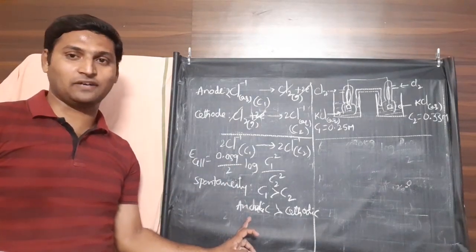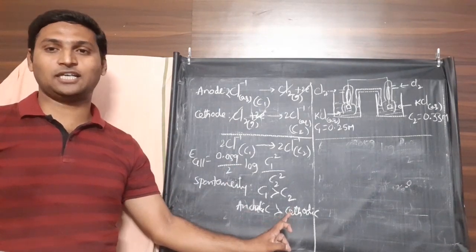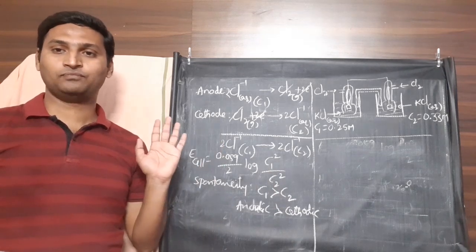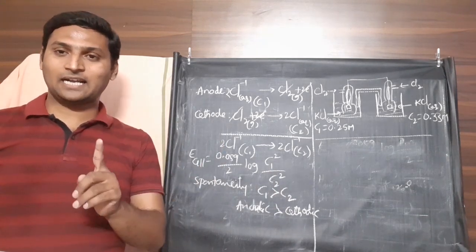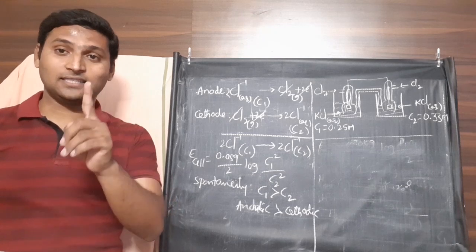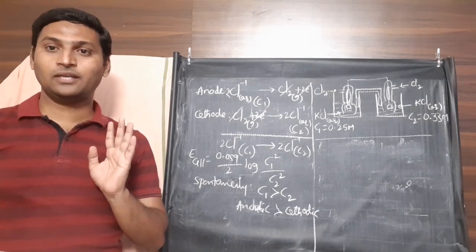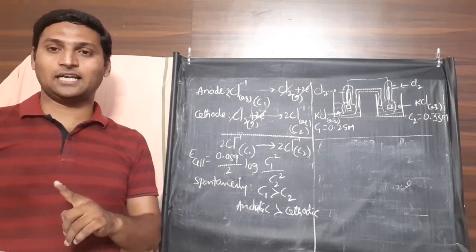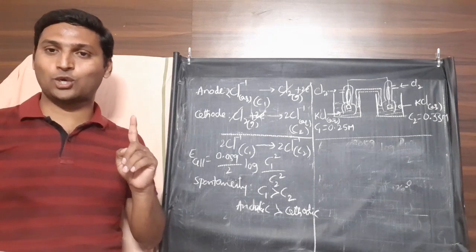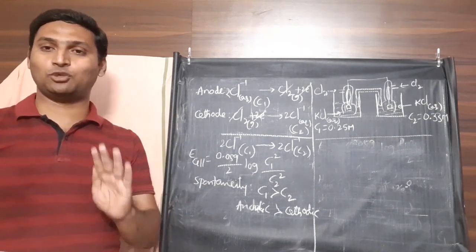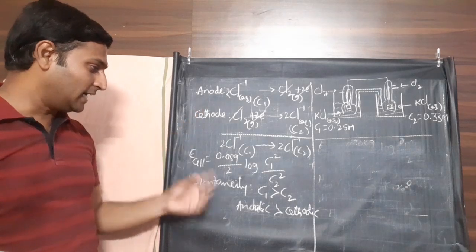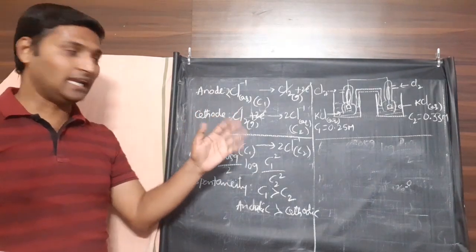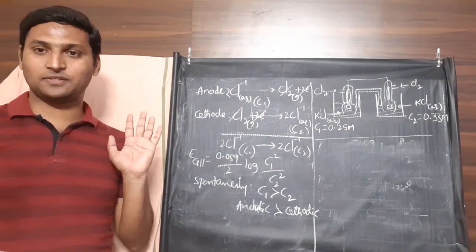Anodic concentration of ion should be larger, cathodic concentration of ion should be smaller. So simple. If it is cationic concentrations, cathodic concentration should be larger. If it is anionic concentration, if it is an anion based electrode, then anodic concentration should be larger. Explained in detail mathematically, physically, as well as based on the reactions.